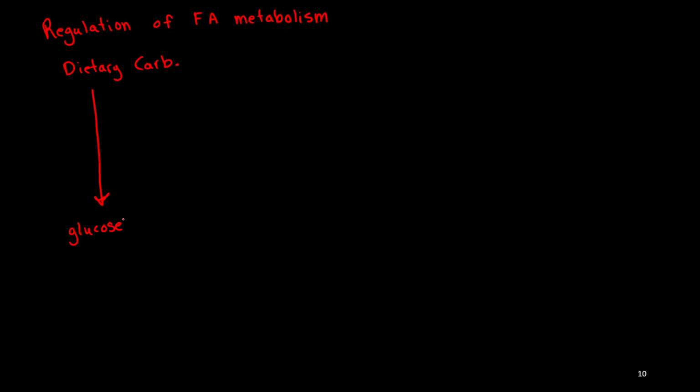And then glucose can go through glycolysis and pyruvate oxidation to form acetyl-CoA. So you may have noticed that acetyl-CoA is an important player here. It is an intermediate in both glucose catabolism as well as fatty acid catabolism. Having dietary carbohydrate is also going to influence your blood glucose levels.